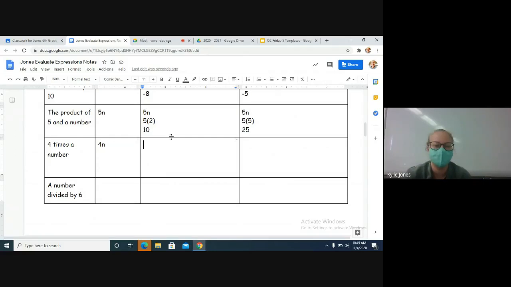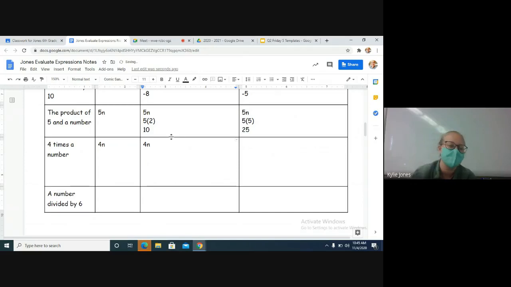Then on our next one, they want us to replace n with 2. So we have 4n as our first one. If we're replacing n with 2, how am I going to write this? Someone tell me how to write this. Elijah, go ahead. Four parentheses two parentheses.